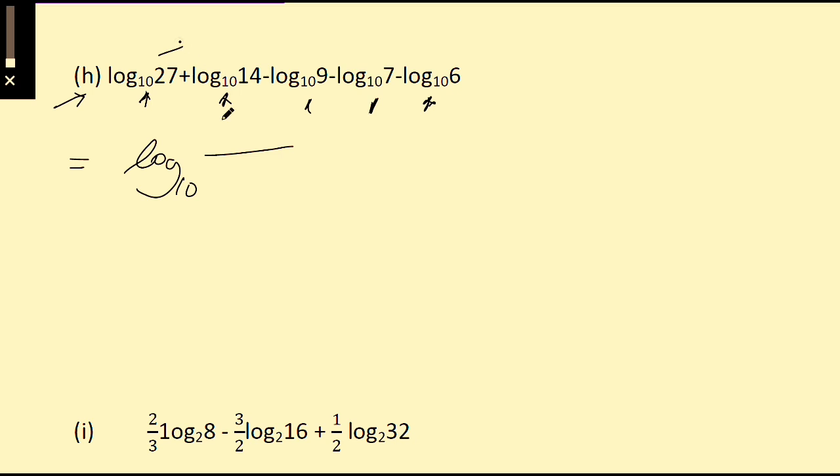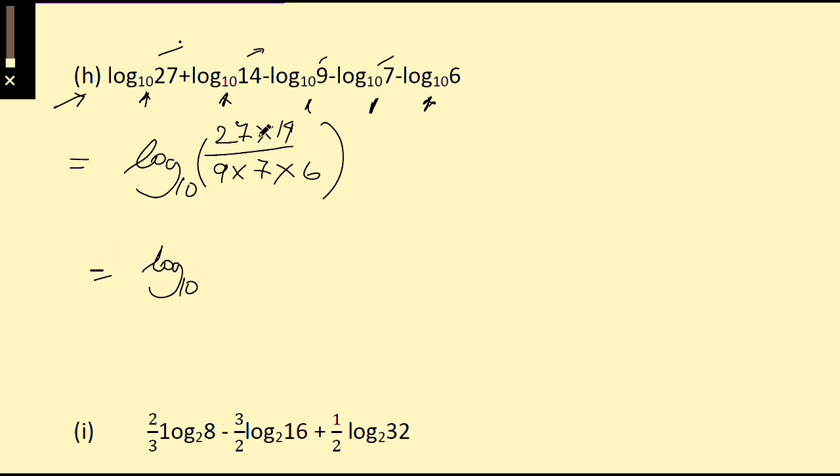We can write it as a single log like log 27 times 14 times over 9 times 7 times 6. So if we calculate this argument, finally we will have log 1 to the base of 10. Since we know any log with the argument 1 will become 0, the final answer will be 0.